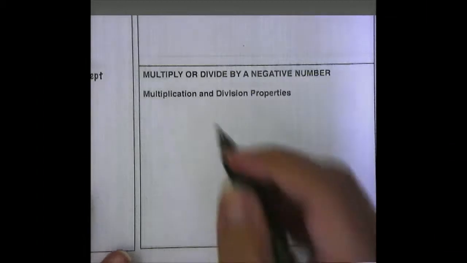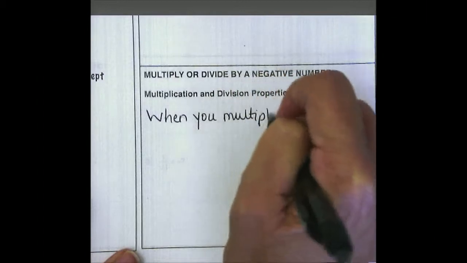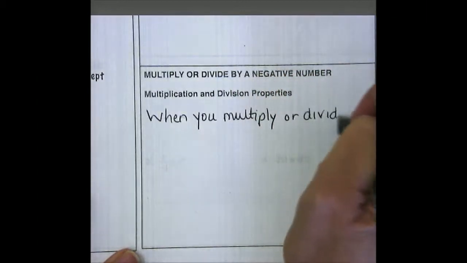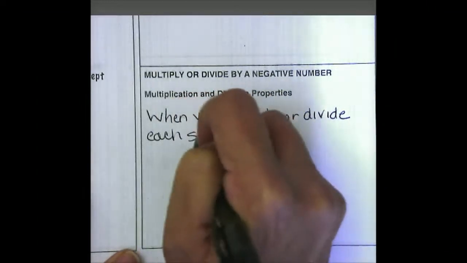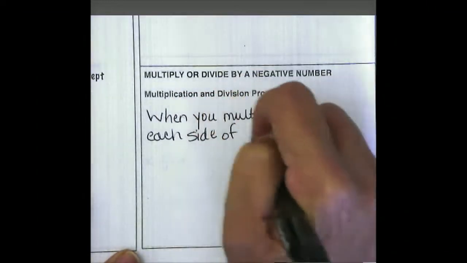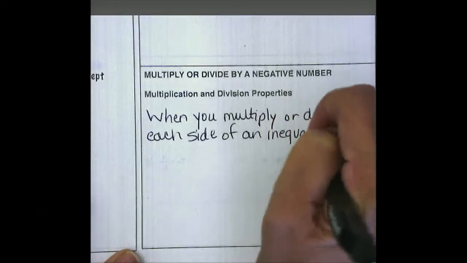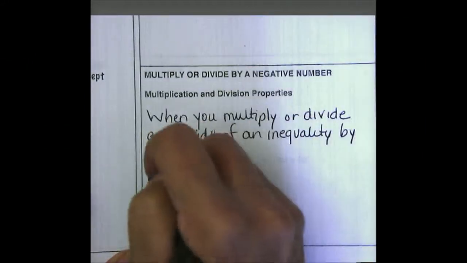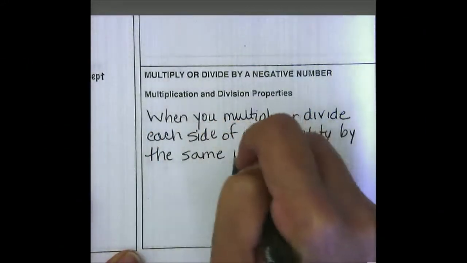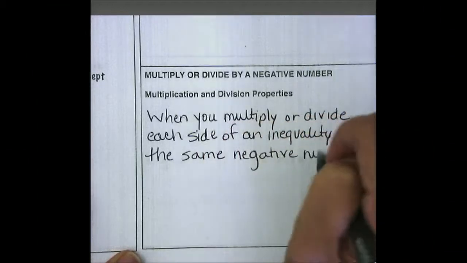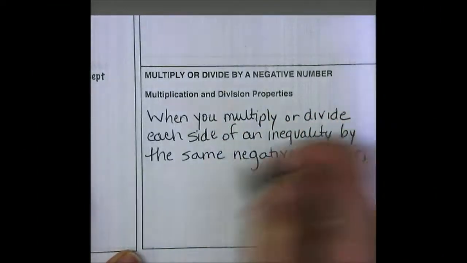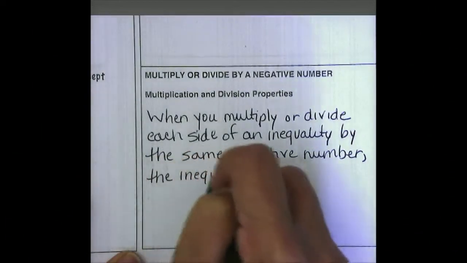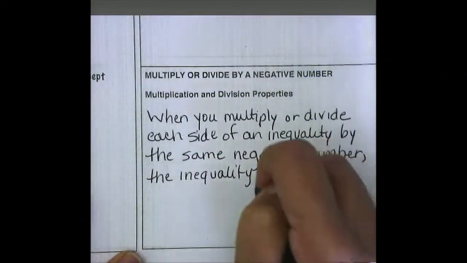So when we multiply or divide by a negative number, the multiplication and division properties say that when you multiply or divide each side of an inequality by the same negative number, the inequality symbol must be reversed.